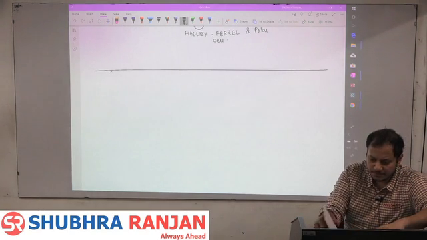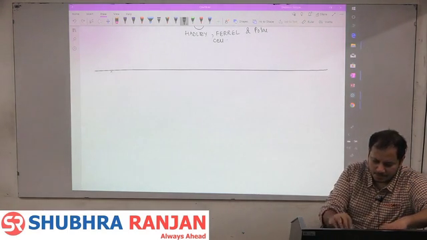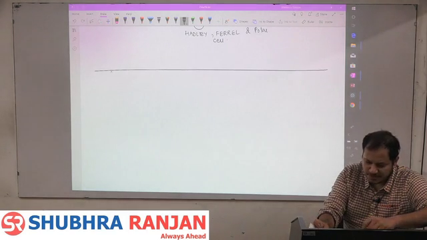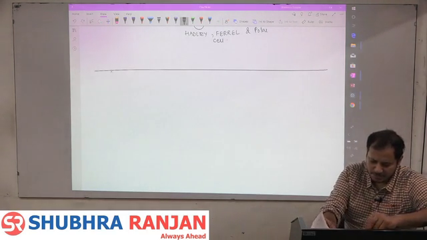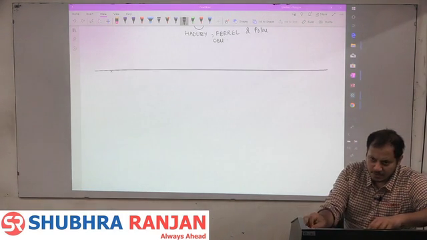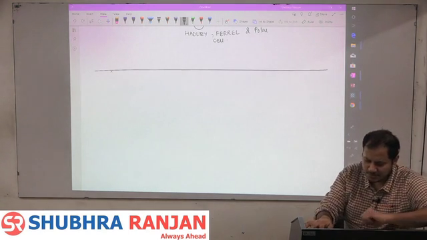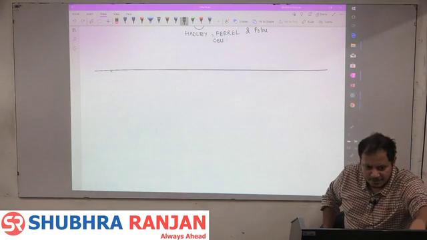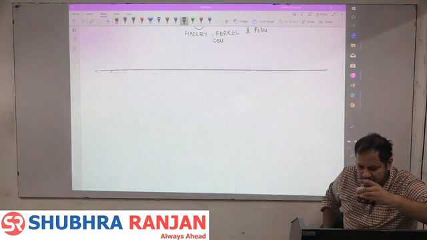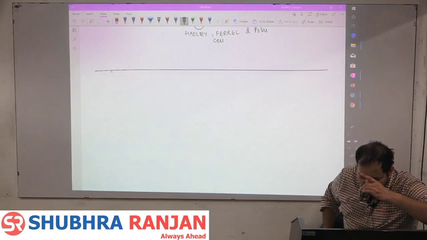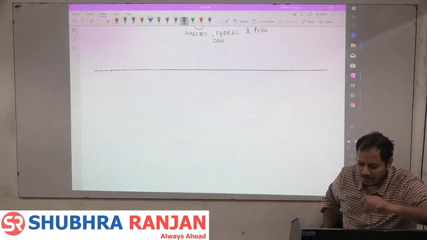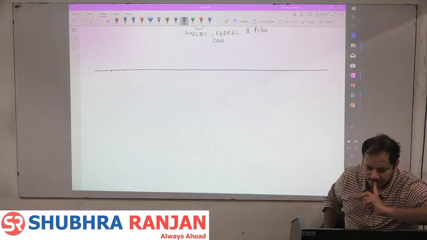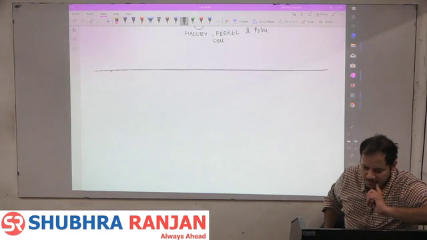The earth is divided into different pressure belts, and these pressure belts are formed due to thermal differences or temperature differences, rotation of the earth, as well as the Coriolis force.